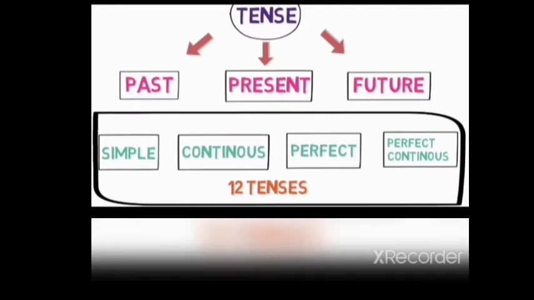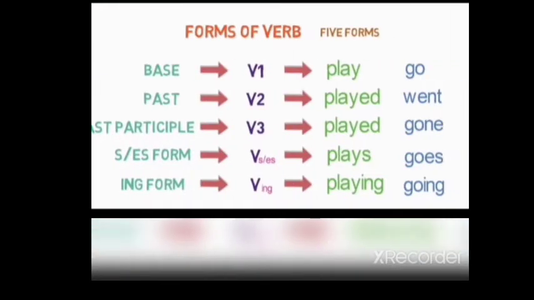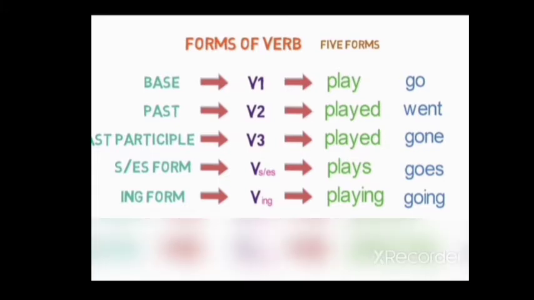Verbs are mainly divided into 5 main forms, which are base form, we will denote it as V1, past form, we will denote it as V2, past participle, we will denote it as V3, S or ES form, we will denote it as VS or VES, and ING form, we will denote it as VING. Here, V stands for verb. These are short forms of verb for our better understanding.